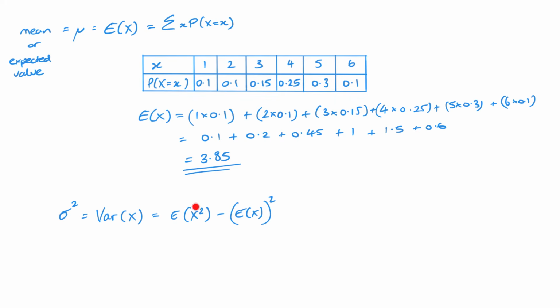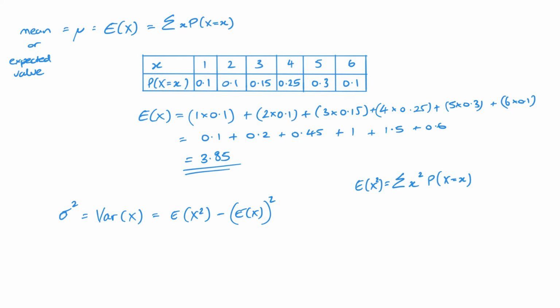I've already shown you how to find E of x, this part. Let's look at how we find E of x squared. To find E of x squared, all we need to do is the sum of x squared times the probability. So it is the same as what you can see up here, except you square the x first.